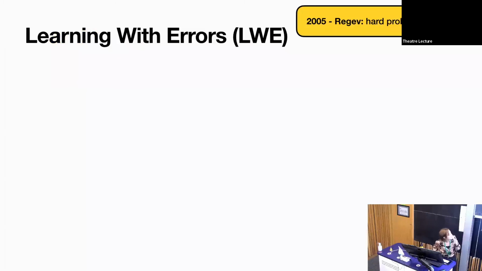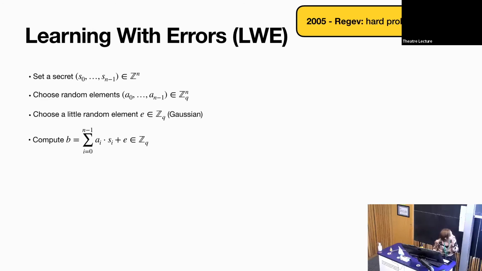So LWE is a hard problem on lattices proposed in 2005 by Oded Regev. The description I'm going to use is this one, I hope it is accurate enough. You have a secret, which in my case is a vector of n integer elements that can be random, small secrets, can be many things, but let's say secret.